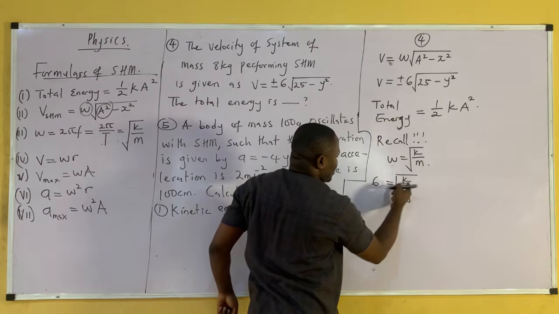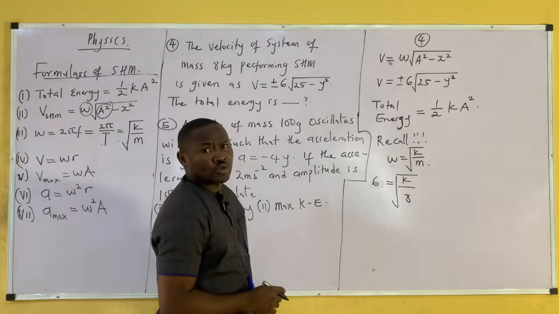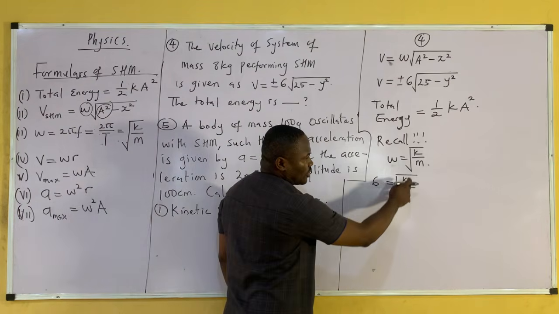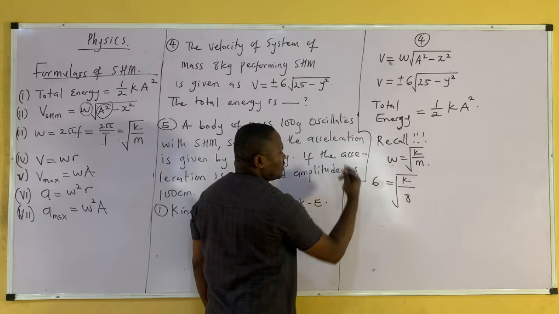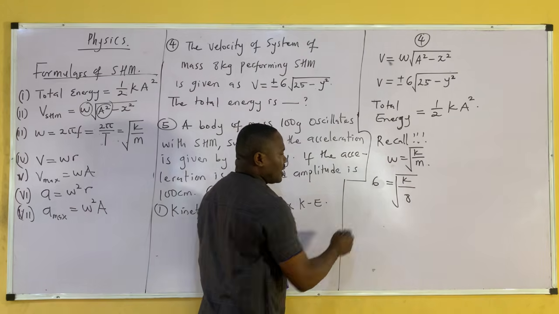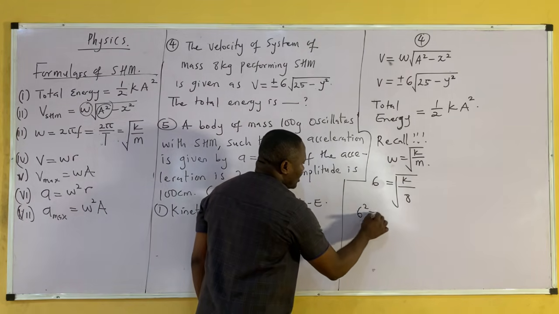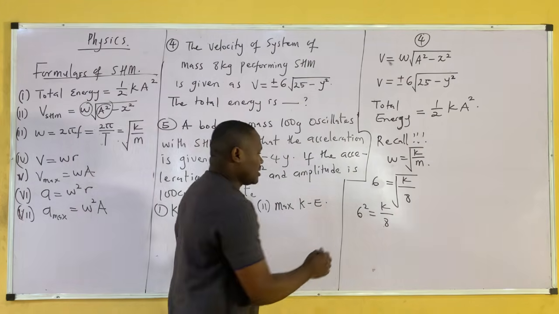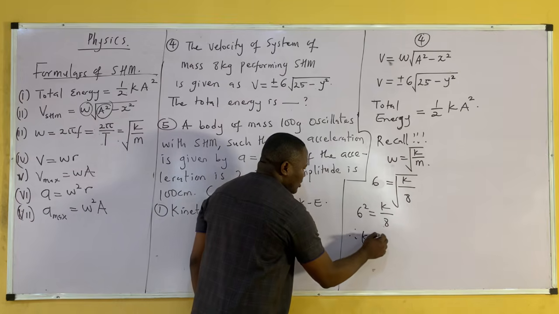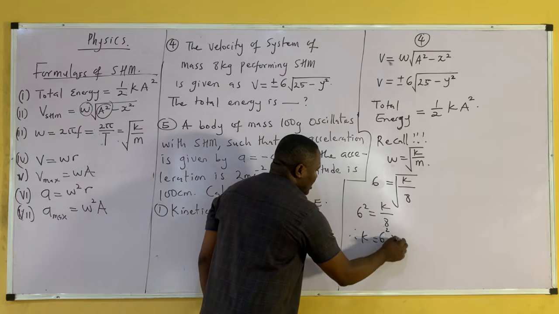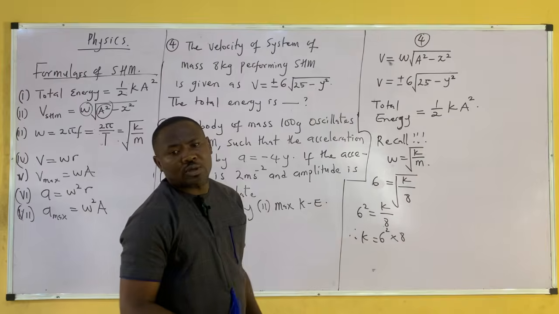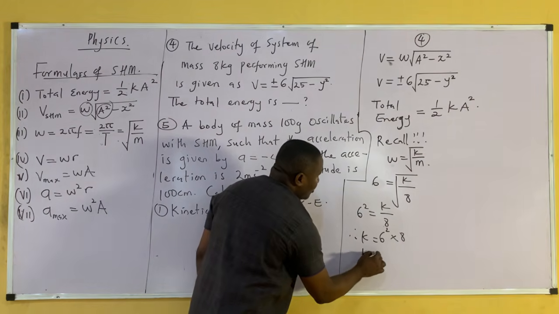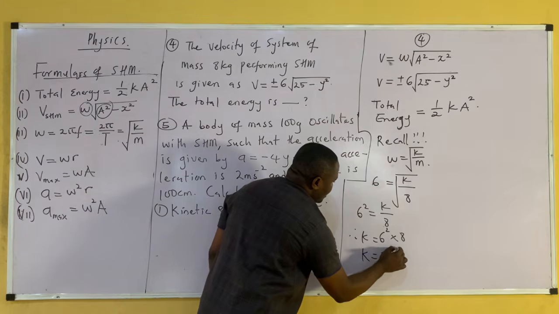So 6 is equal to square root of K over 8, because my M now is 8. Remove this square root from there. I will now be having 6 squared is equal to K over 8. So what is K? Therefore, K is now equal to 6 squared times 8. What is 6 squared times 8? So K will be equal to 288.